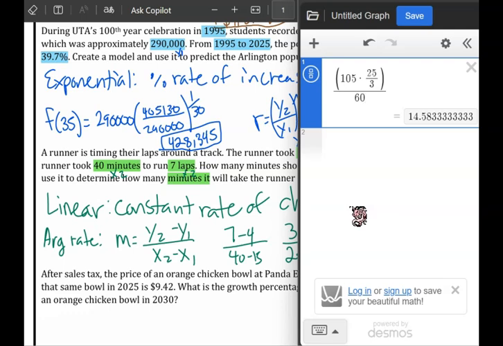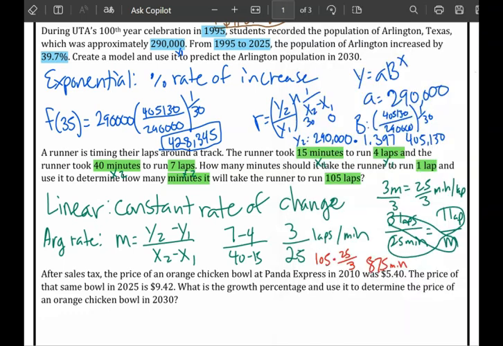So it should take about 14 and a half hours. If we say that each lap is a quarter of a mile, the 105 laps is about a marathon.